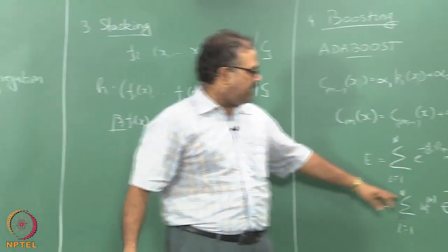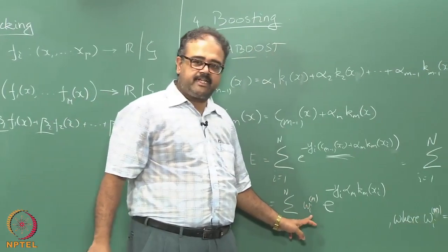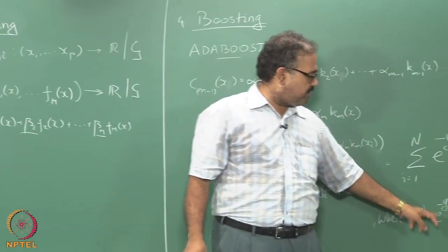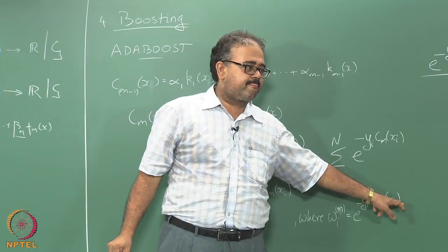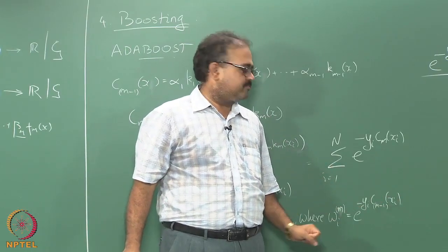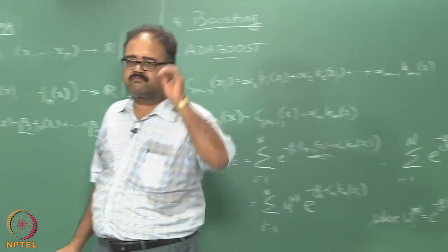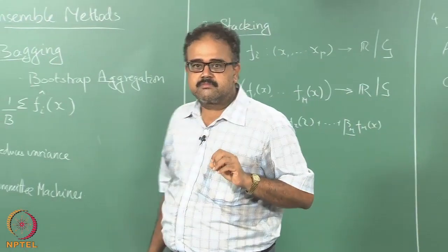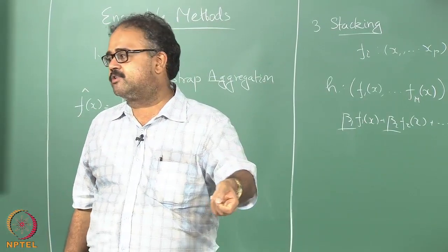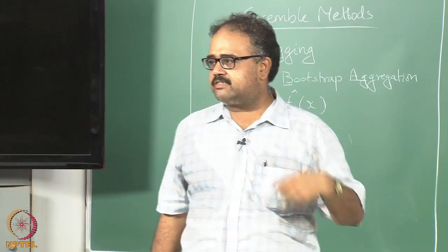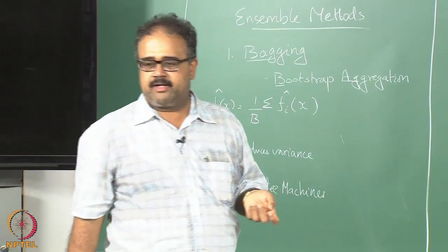The weight of the ith data point at the mth stage, right? The weight of the ith data point at the mth stage is essentially e power minus yi Cm minus 1 of xi, right? So what does this mean? What is exactly this expression, if you think about it? It is the loss I have incurred on that point xi up till the m minus 1 stage, right? That is essentially that. Just the loss that I have incurred on the ith data point up till the stage m minus 1.